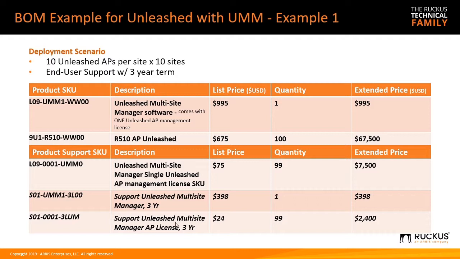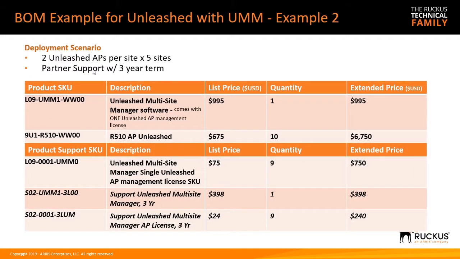And then we're going to purchase support for 3 years on those AP licenses. So again, 99 support licenses for 3 years. So 3LUM is our support license. So those are $24 for 3 years of support, remember. So that's that. If we wanted redundancy in the server itself, we could have just bumped this number to 2, so quantity 2 here, and quantity 2 under support would have given us server redundancy.